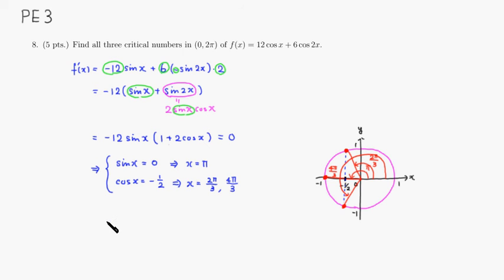Therefore, the critical numbers that we are looking for are: the smallest one is 2 pi over 3, the next one is pi, and the next one is 4 pi over 3. So those are the critical numbers. That's it. I hope that this was clear.